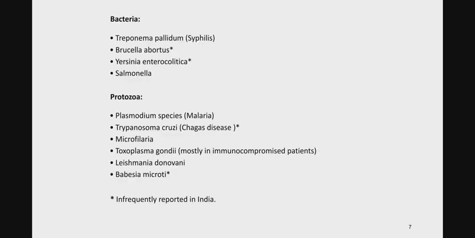The bacteria are Treponema pallidum, Brucella abortus, Yersinia enterocolitica, and Salmonella. The protozoa that can be transmitted through blood are Plasmodium species, which cause malaria, Trypanosoma cruzi, Microfilaria, Toxoplasma gondii, Leishmania donovani, and Babesia microti. Those which show the asterisk are infrequently reported in our country.